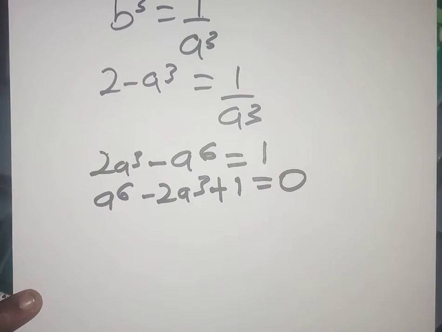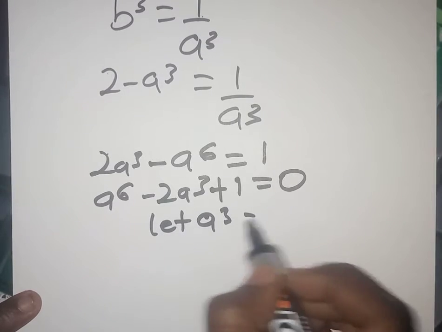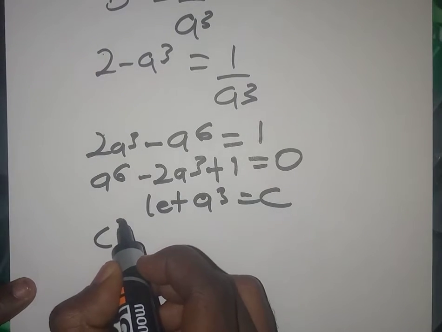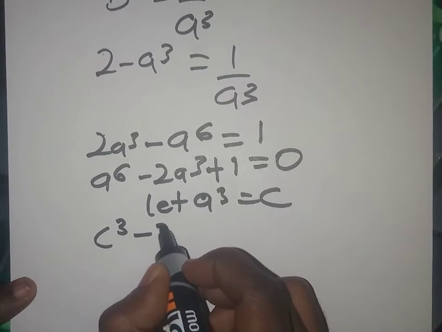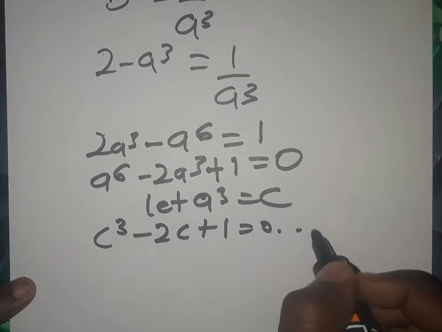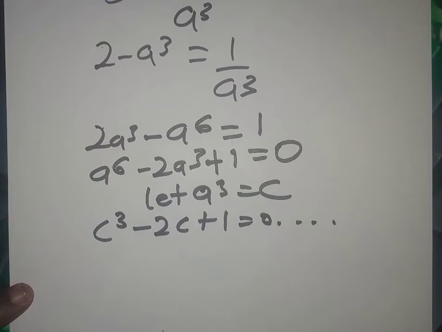Now we can say let a cube equal to c, another variable, so everything now becomes c squared minus 2c plus 1 equal to 0, and you see that it brings us back to the equation again.